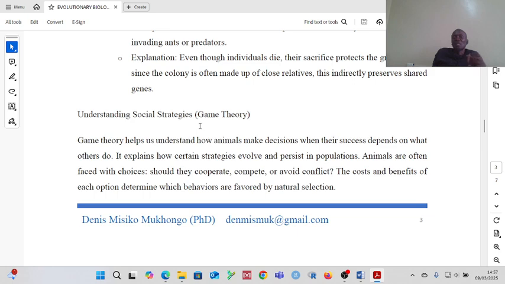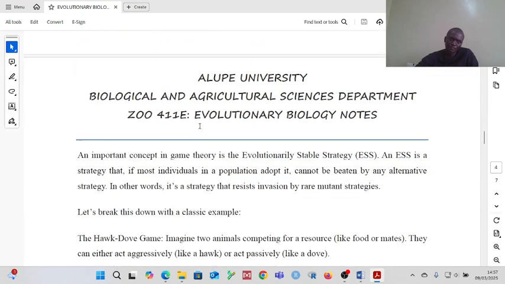Because natural selection is about an increase, an ability to survive. So by an organism surviving, it will have benefited. So if the benefits for survival are more than the costs, then natural selection is likely to favor that choice.